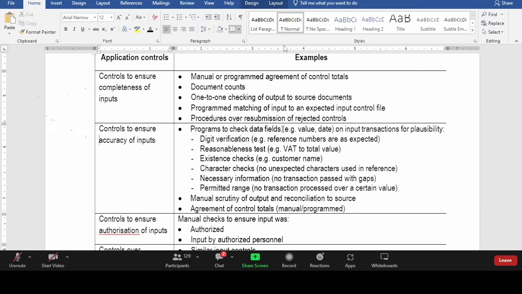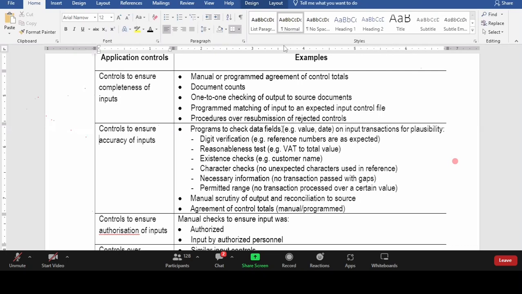So if this is an order for a sale to a new customer, the system requires that you first open the customer's account where you're going to debit that invoice.